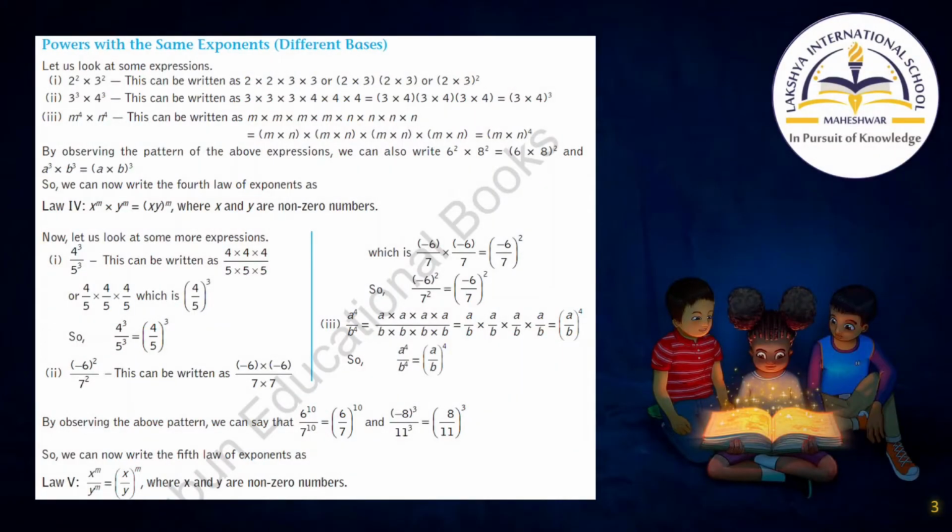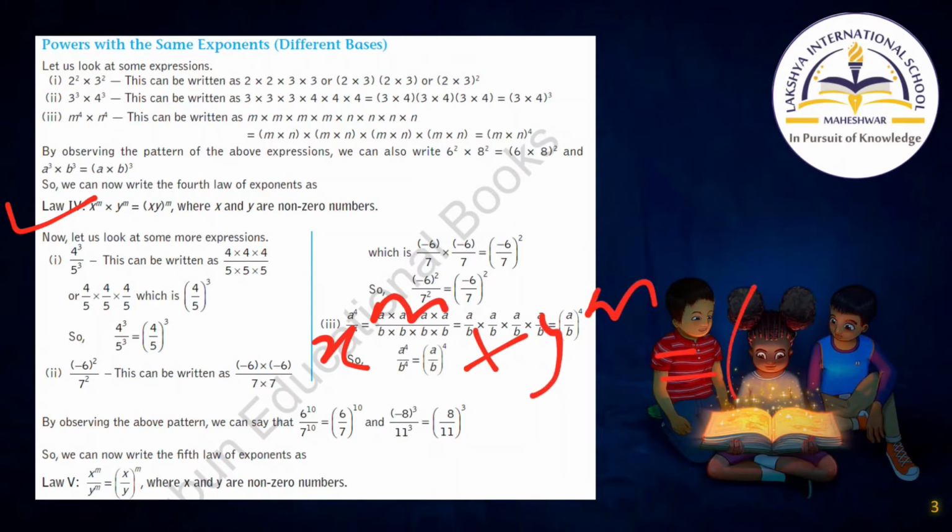Now, power with same exponent. Suppose we have x power m into y power m. You can see the power is the same, so you can write (x into y) power m. How?